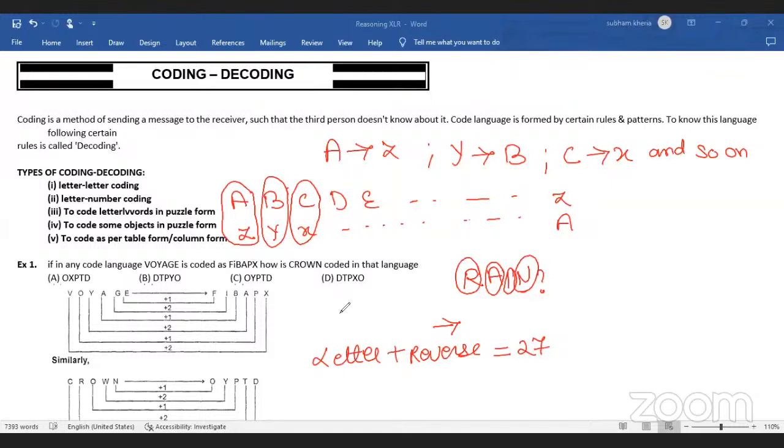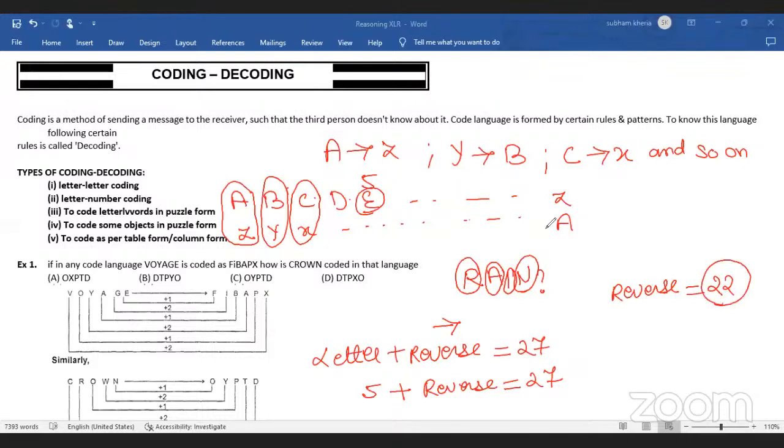For example, you pick any letter. For example, you have picked E. What's the number of E? 1, 2, 3, 4, 5, right? The code of E is 5. So the letter E will have code 5, plus reverse will give you 27. That means the reverse letter for E will have the number 27 minus 5, 22.